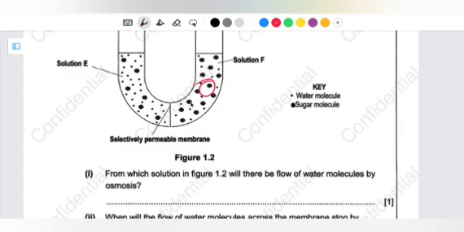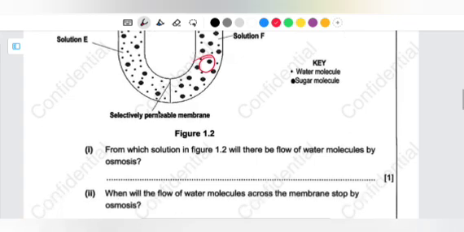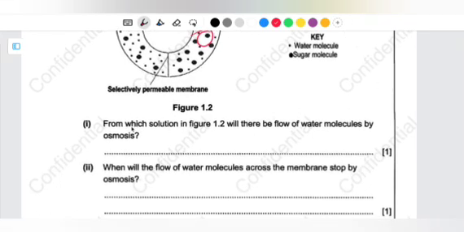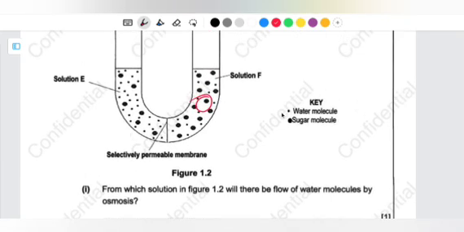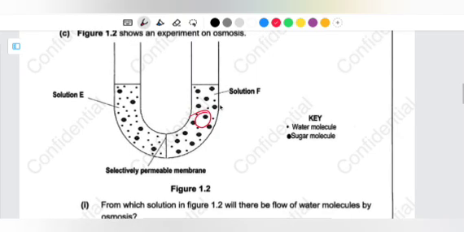Yes. So from which solution in figure 1.2 will there be flow of water molecules by osmosis? As you can see here, the definition of osmosis says that the water molecules are going to move from the region of lower concentration to the region of higher concentration.